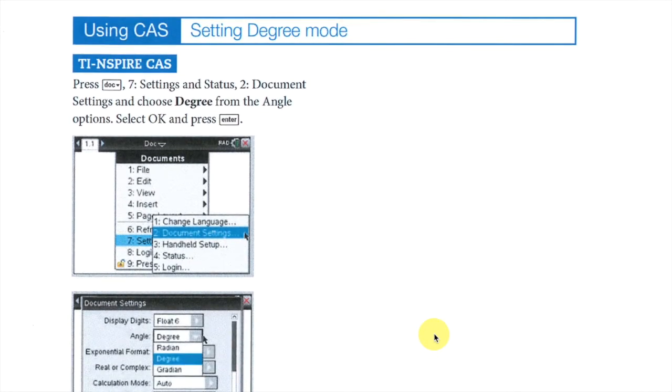Now in this particular unit, you're going to be using two methods of measuring an angle. We're going to have a radian, and we're also going to have what you're used to, degrees. This setup shows you how to move into degree mode or ensure that you're in degree mode.